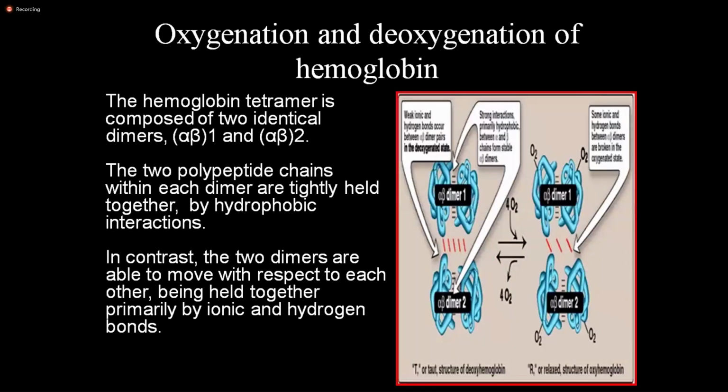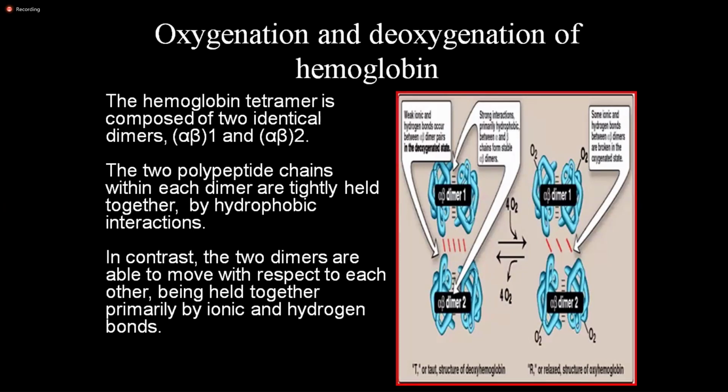You can see that already we learned that the alpha beta dimer is there. There is a strong covalent bond between the alpha beta dimer, and between the two alpha beta dimers there is a weak ionic bond like a hydrogen bond or another ionic bond, which is less stable.